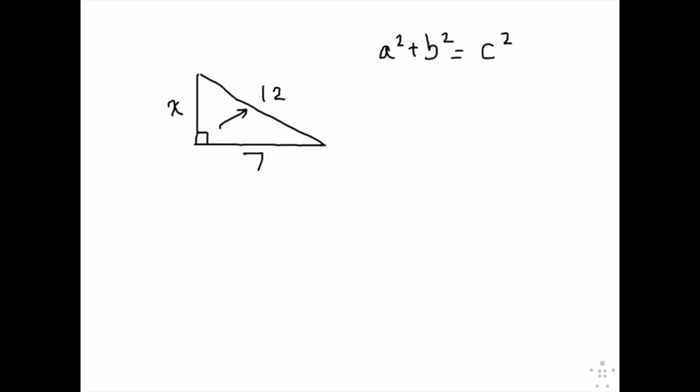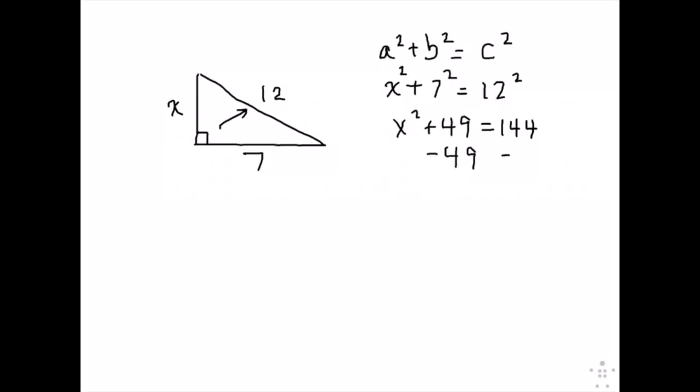So in this case, a could be 7 or x, it doesn't matter, a and b. So it's x squared plus 7 squared equals 12 squared. So we have x squared plus 49 equals 144, right? So we're going to subtract 49 from both sides.